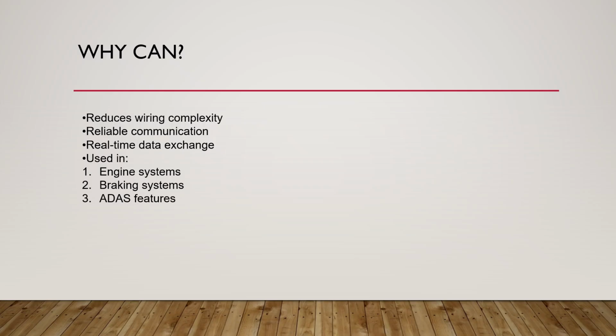That's what it says here: reduces wiring complexity, reliable communication, and real-time data exchange. CAN is used in engine systems, braking systems, and ADAS. As I said earlier, instead of calling each person individually, everyone talks in one group chat.